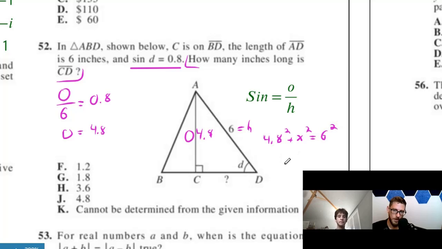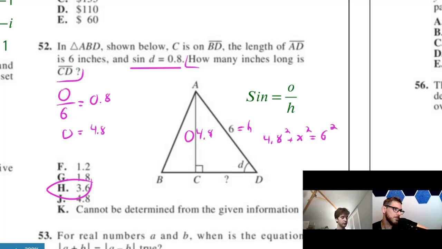Right. So 36 minus 4.8 squared, and then take the square root of that. And if we whip out a calculator, all right. Questions on that? No, that makes sense. Okay, great.